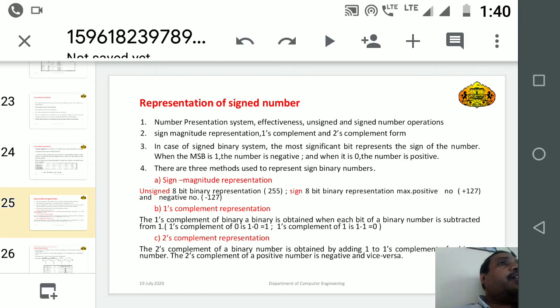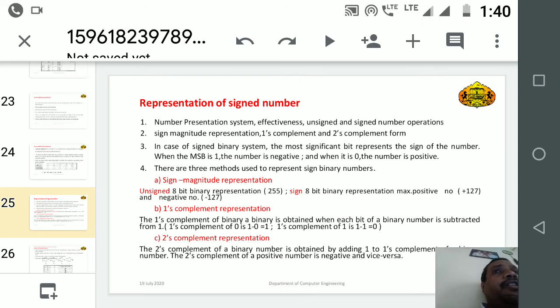But if the word signed comes, the number can be positive as well as negative. So the maximum positive value is plus 127, and the maximum negative is minus 127. Unsigned means only positive numbers, and signed means both positive and negative numbers.